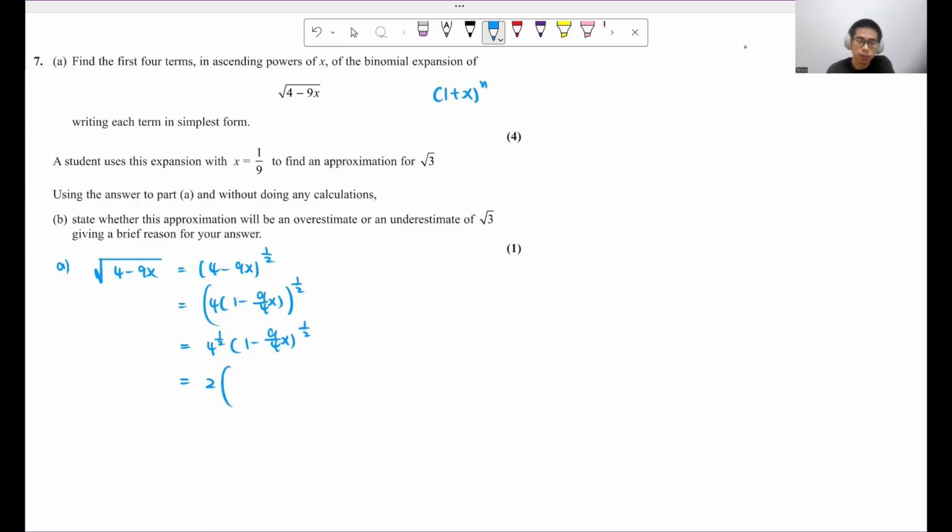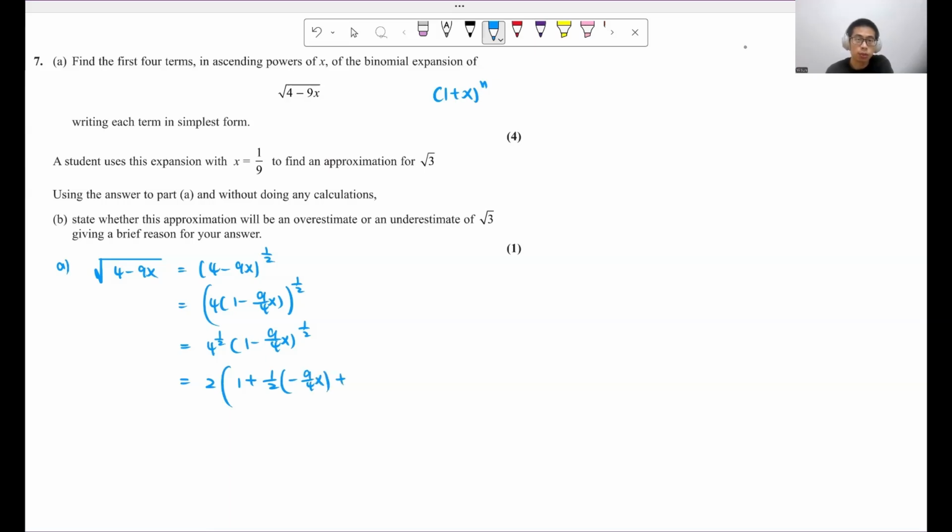So we can use the binomial expansion formula. That would be 1 plus nx, where n is 1/2 and x is negative 9 over 4x. So it has to include the sign as well. So 1 plus half times negative 9 over 4x.